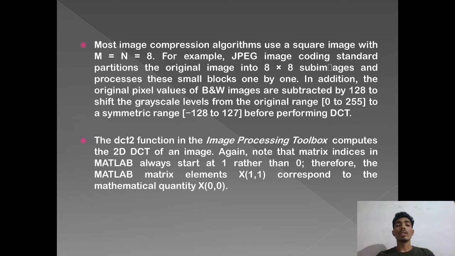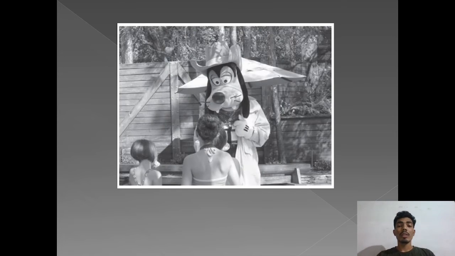In addition, the original pixel values of a black and white image are subtracted by 128 to shift the grayscale levels from the original range 0 to 255 to a symmetric range, that is minus 128 to 127, before performing the DCT. So this is the original black and white image of our example.